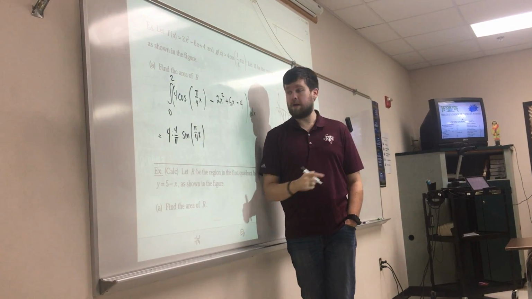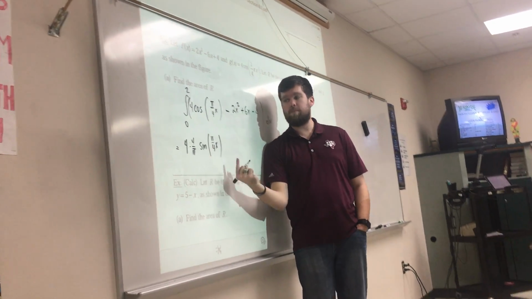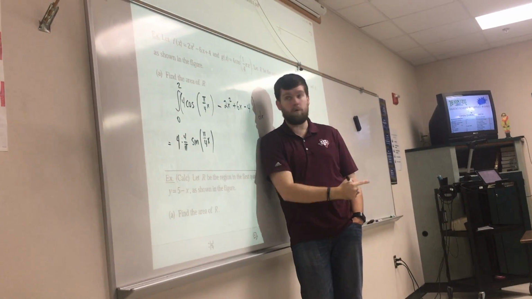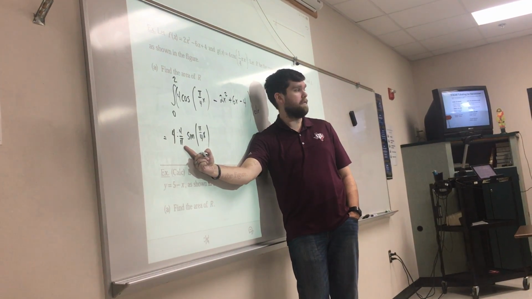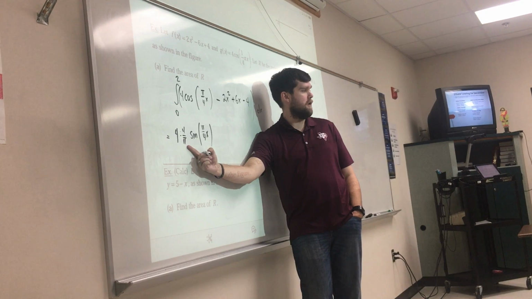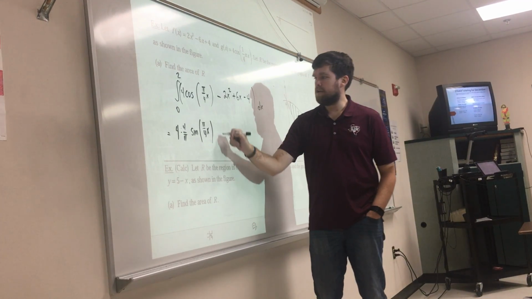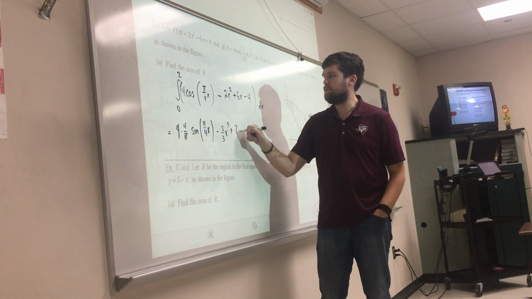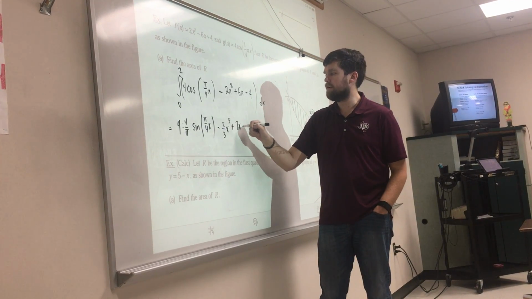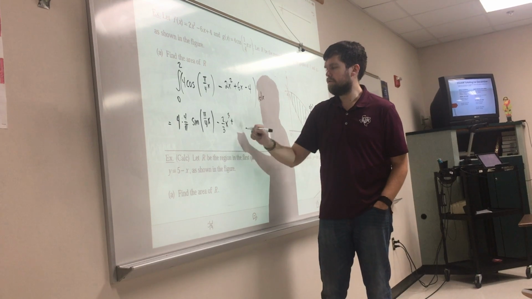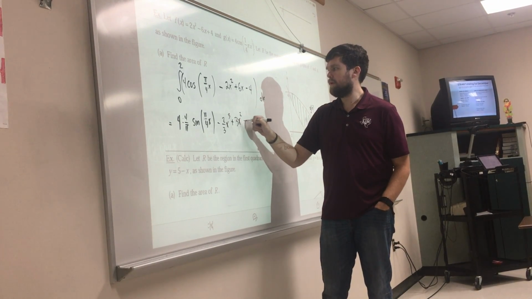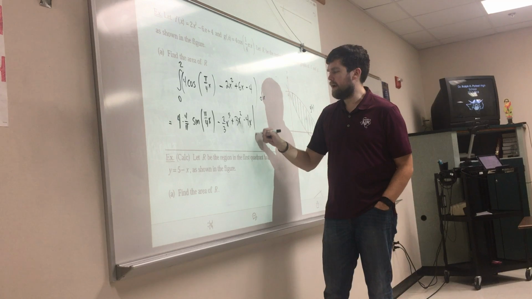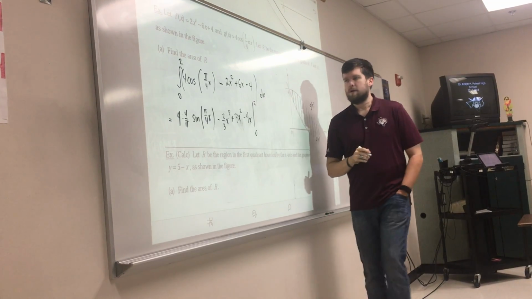So that way when I take the derivative and I get cosine pi over 4x times pi over 4, that's going to cancel out that pi over 4. Are you following? Okay. Minus 2/3 x cubed plus, help me if I make a mistake here, I think 3x squared, and minus 4x, evaluated from 0 to 2.